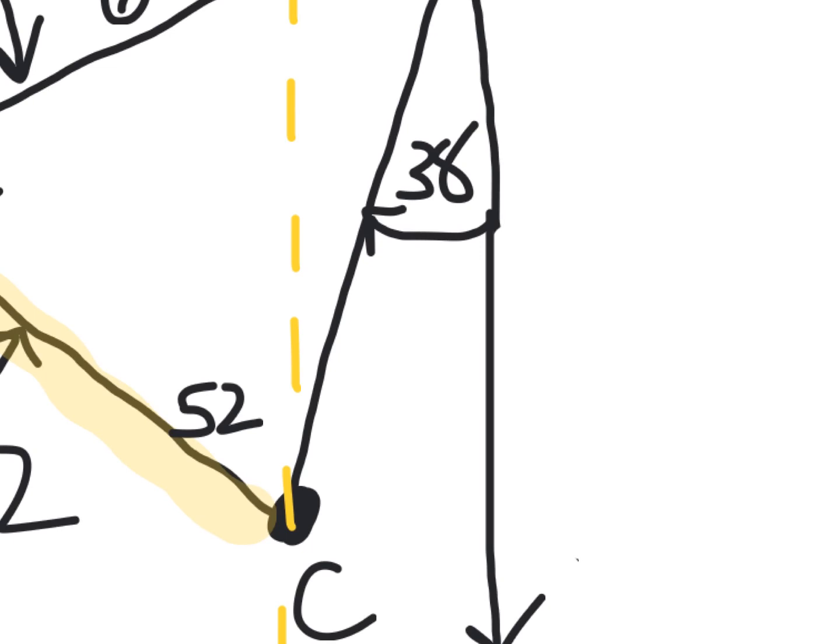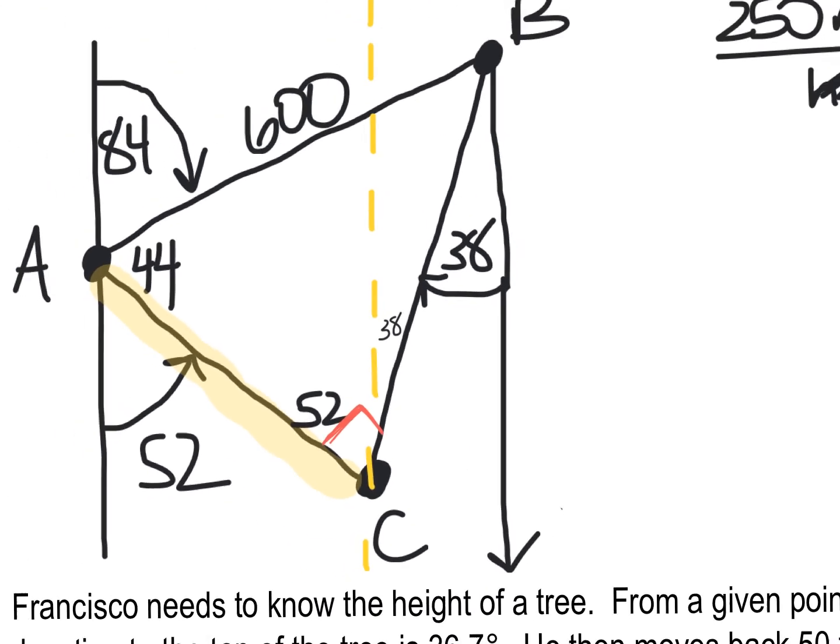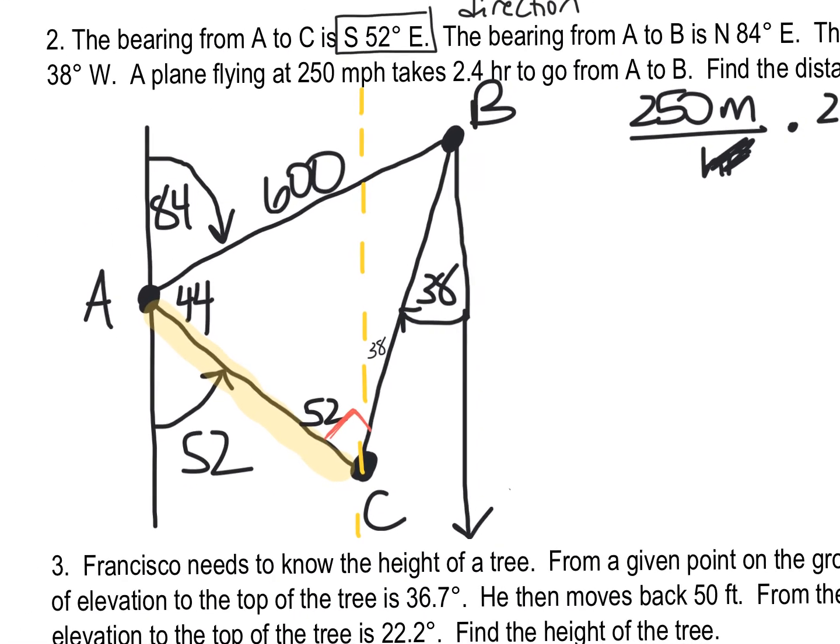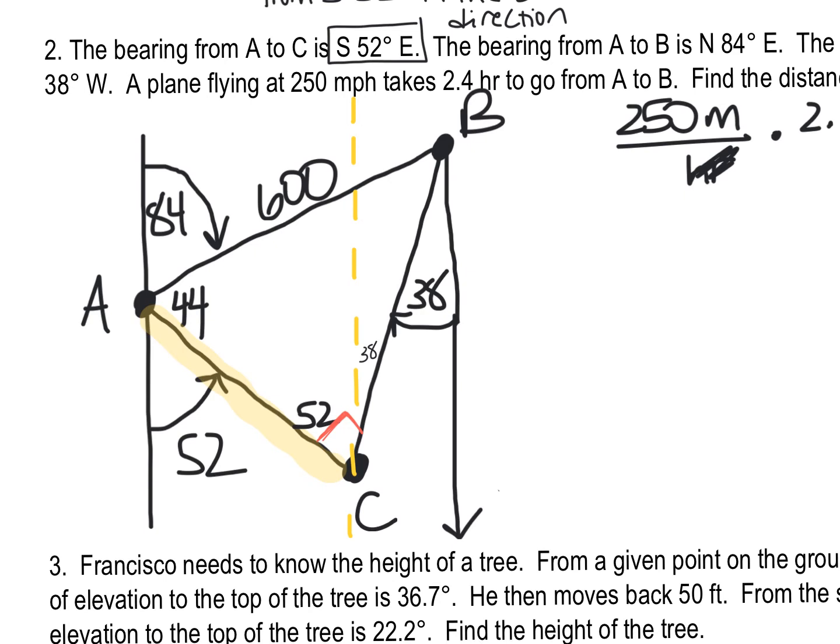Let me zoom in a little bit. 38 goes there. Now, did you notice that makes this a right angle? It doesn't look like it according to my picture, and a lot of the times it won't look like it, but that's okay. The reason I constructed that line is so I could use some alternate interior angle stuff. If this angle here, maybe I'll use a couple different colors here.